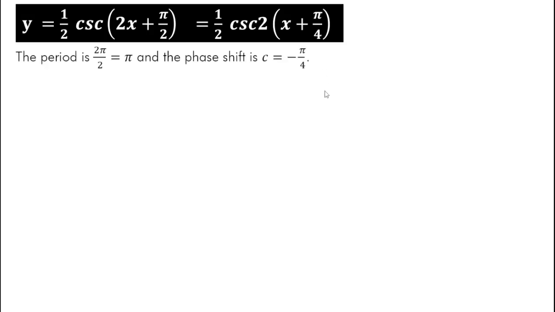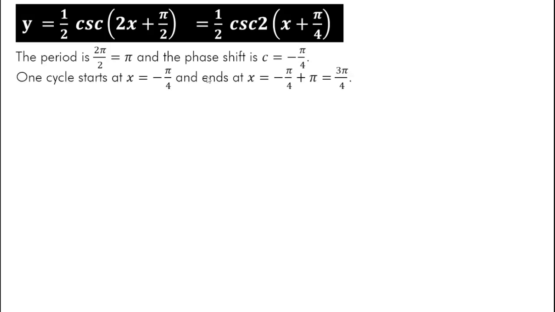In this case, our period here is 2 pi over b, which is 2, that is pi. And then for the phase shift, that is x plus pi over 4. All you need to do is equate it to 0. You'll obtain negative pi over 4. So again, since we have a phase shift, a horizontal shift, we're going to start at negative pi over 4.